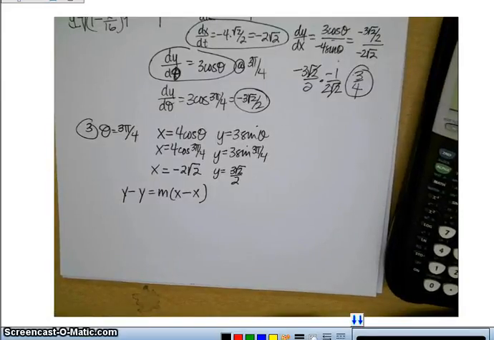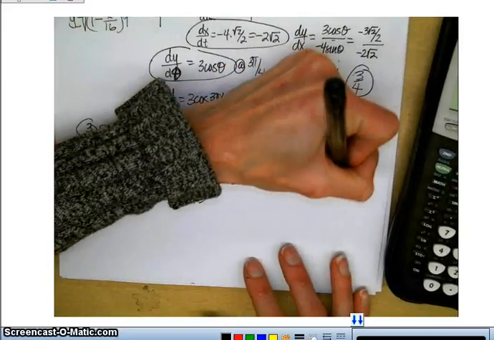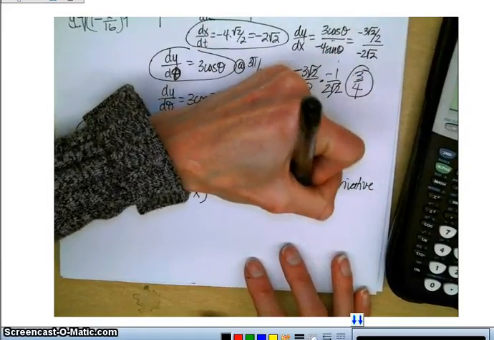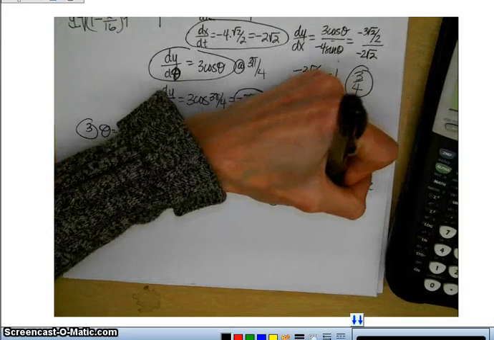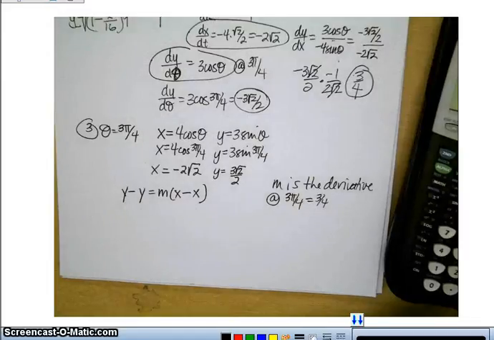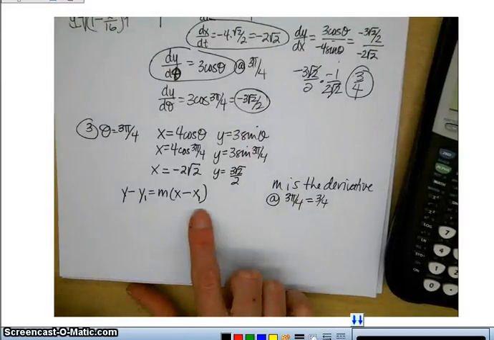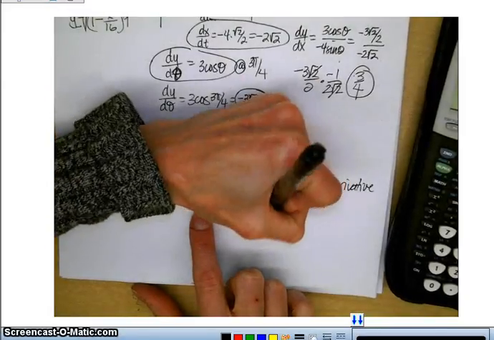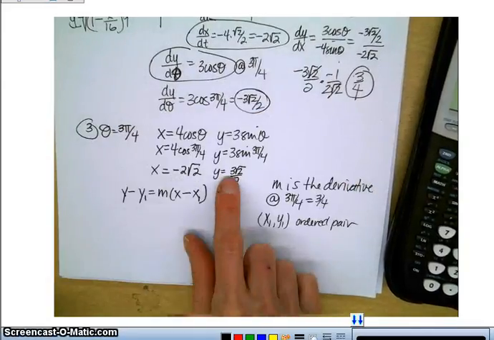Well, the slope is the derivative, so m is the derivative at 3 pi over 4, which we've actually already found, which is 3/4. And x1 comma y1 is an ordered pair, which we have right here.